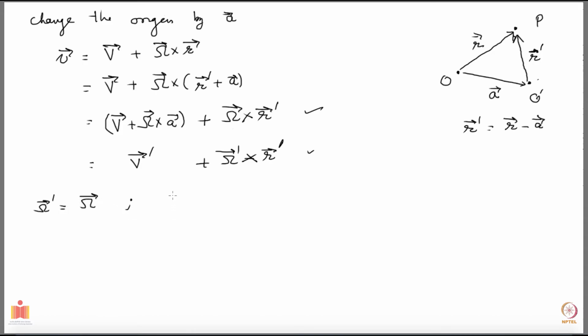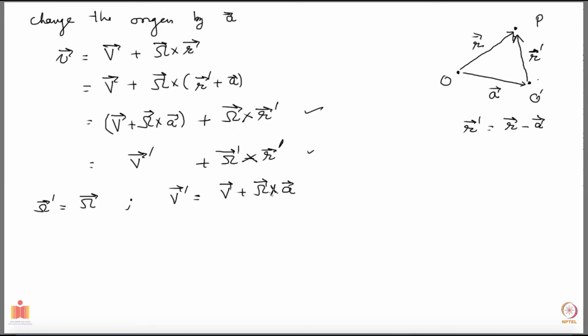And also you realize that the velocity of the origin of this body axis changes to the following. Okay, and this is interesting because it says that the change in the velocity of origin is only in the component of V perpendicular to omega.